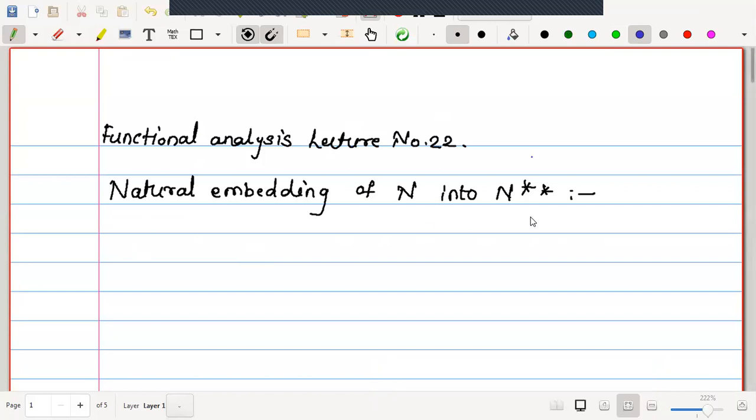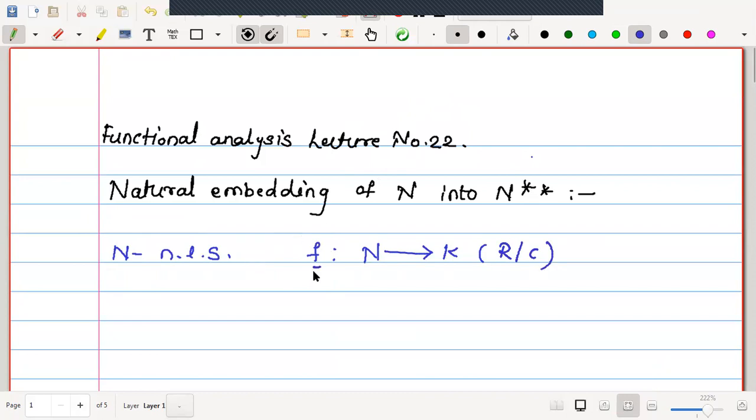We will just recall what these notations are. What does N mean? N is a normed linear space. Then if we define a function f from N to K, what is this K? K is either the real field or the complex field.